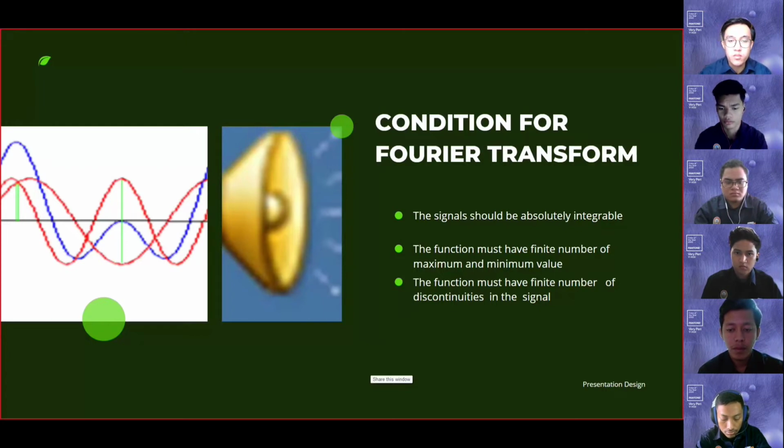Firstly, the signal should be absolutely integrable. Next, the function must have a finite number of maximum and minimum values. And last but not least, the function must have a finite number of discontinuities in the signal. All these conditions must be met in order for us to use the Fourier transform.